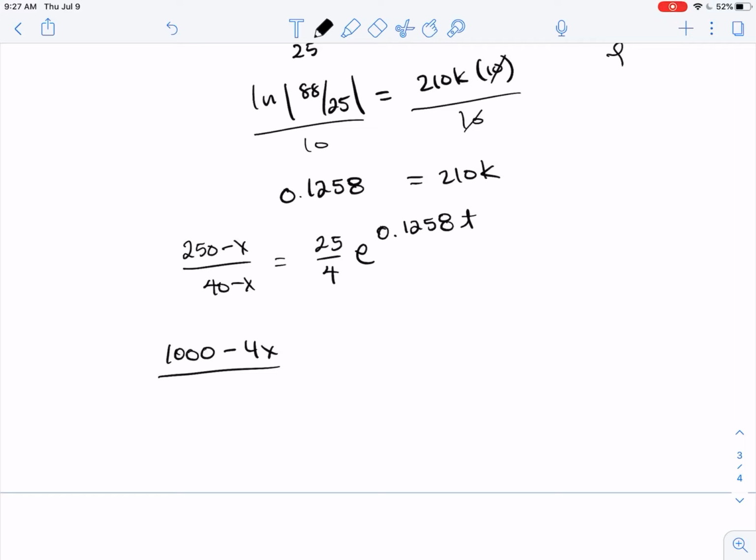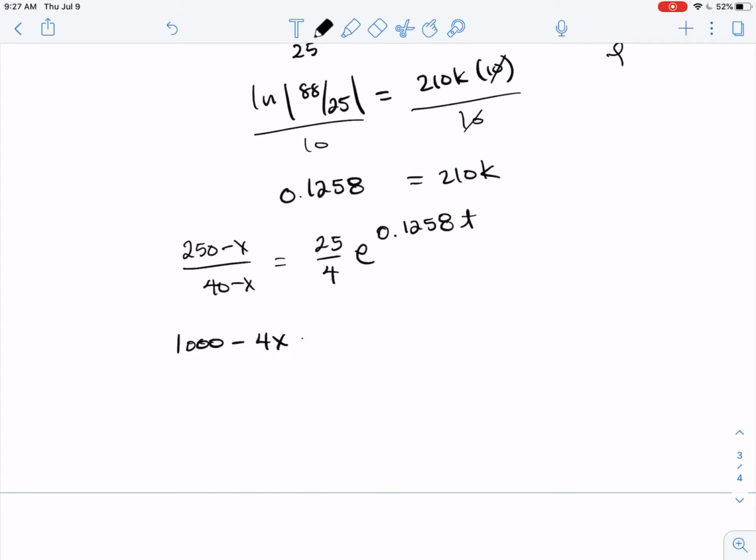All right, 1,000 minus 4x, and then here don't forget the e, so 1,000 e to the 0.1258 t minus 25x e to the 1.1258 t. What am I doing? Sorry guys, that's not how you cross multiply. So I'll do that again.